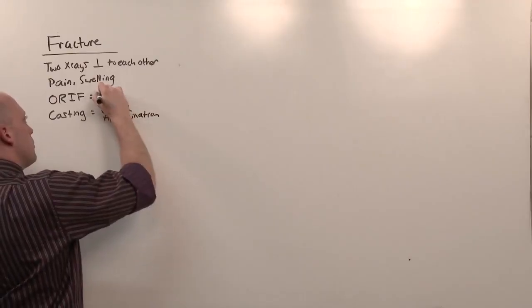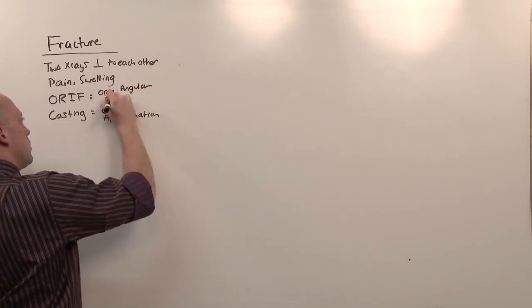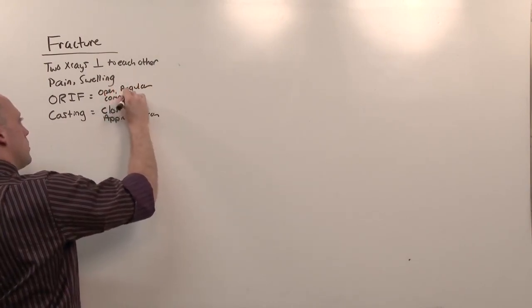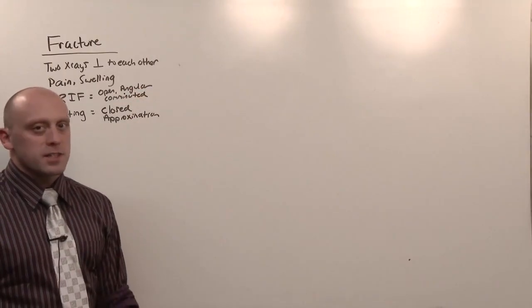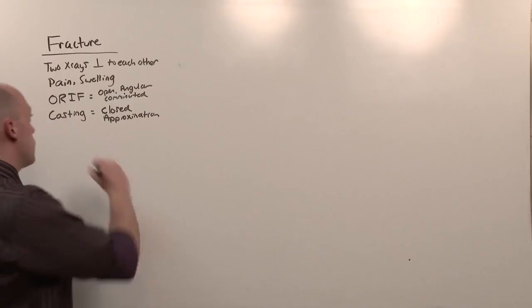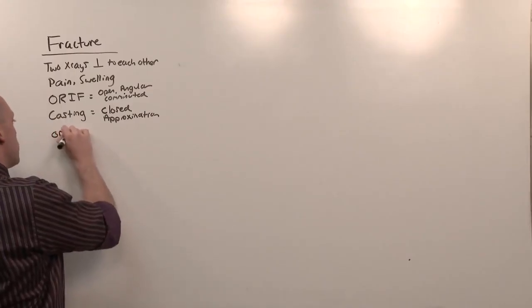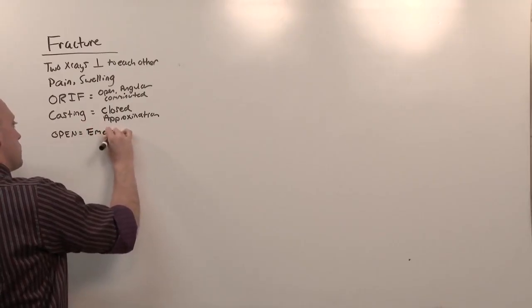If it's open, angular, comminuted, or anything that's not a clean break, you're going to have to take them to the operating room and open it up. And if they've broken skin, if you've got an open fracture, you're going to have to go to the operating room as an emergency for an emergency washout.